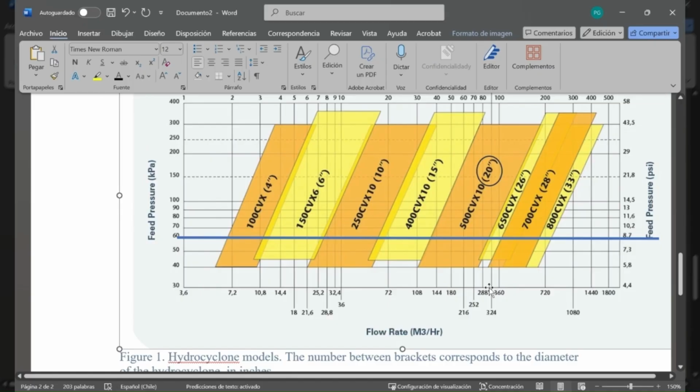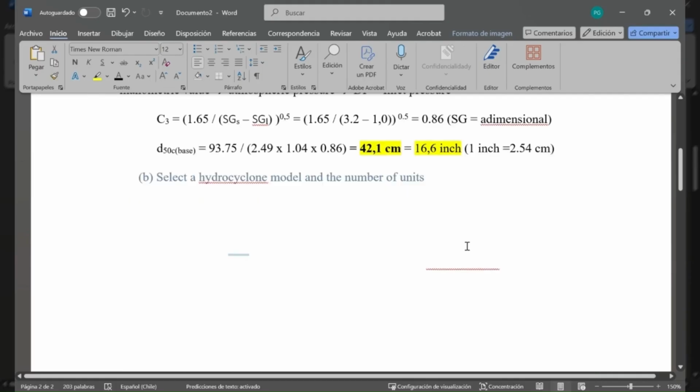So one hydrocyclone is not going to be enough to process the 350 cubic meters of feed. So what we do here is establish a mean value, around 150, 175, something like that, 180. With that, we're going to establish how many hydrocyclones we need.